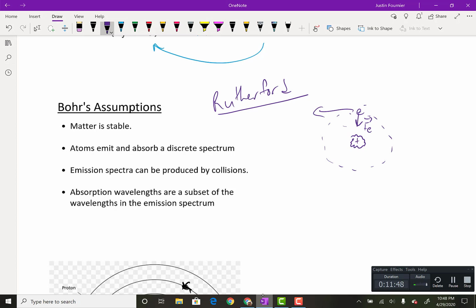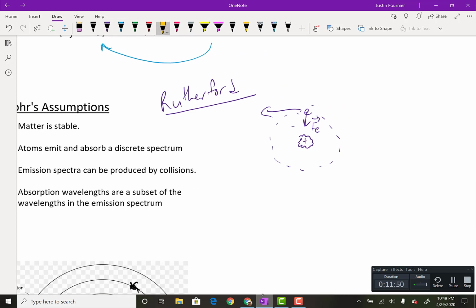And if a charge is accelerating, as we found out with electromagnetic waves, it emits a photon. It emits light. It radiates energy. And he found out that the energy would dissipate in actually less than a second and the electron would just crash into the proton. So his model, while working for all the experiments that he had, did not work in the calculations he was making. He was doing the calculations like, holy crap, this can't work at all.